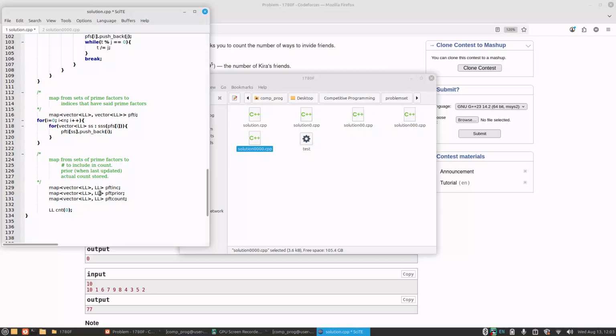And we're working backwards, so for i equals... I want some more space too.